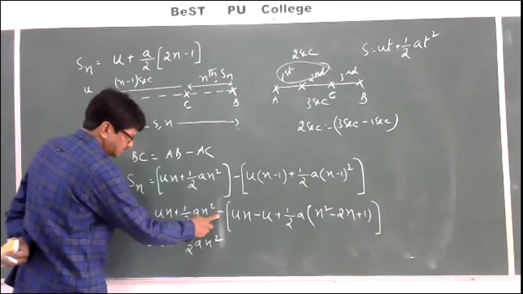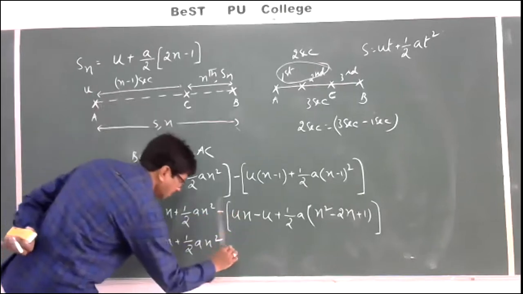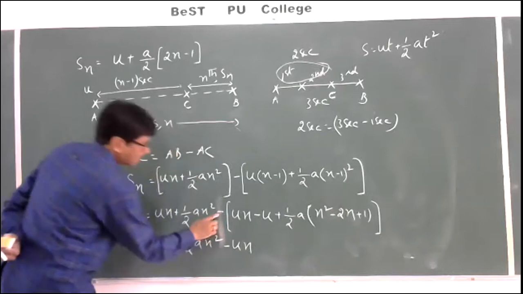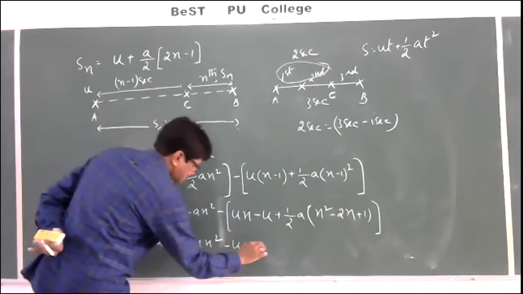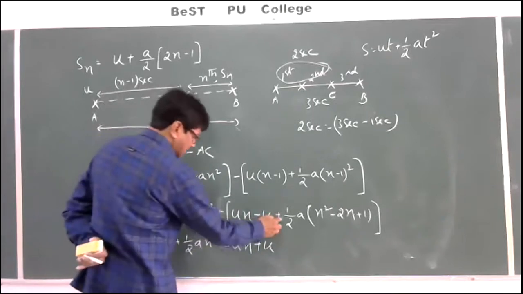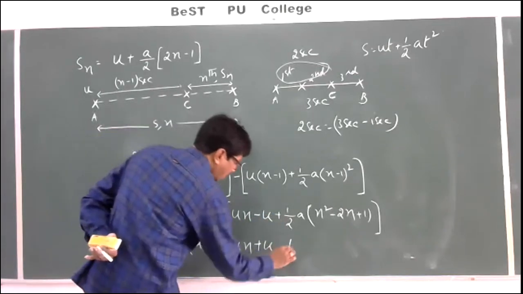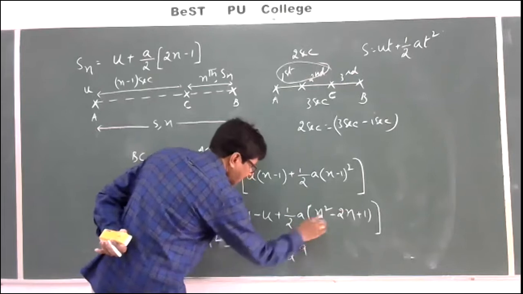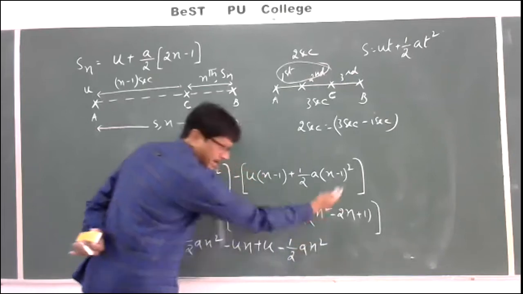Listen, see the board first. Minus un, minus into minus plus, minus into plus minus half an square, expanding.